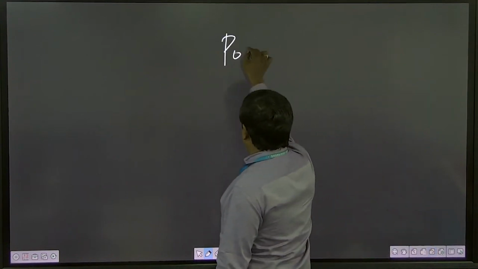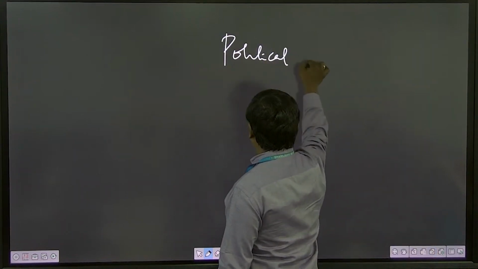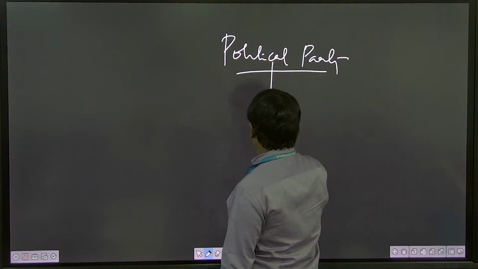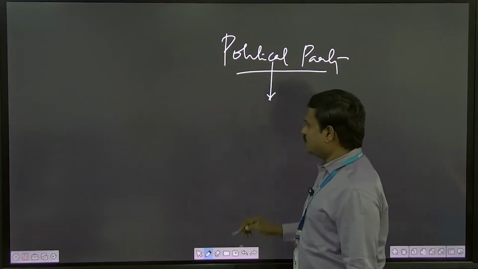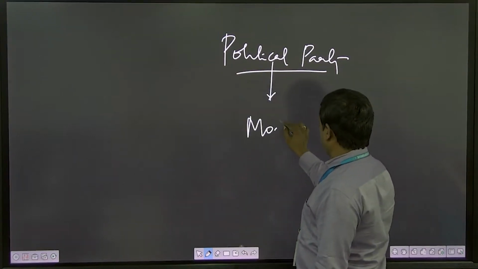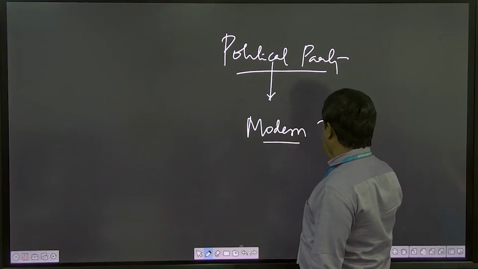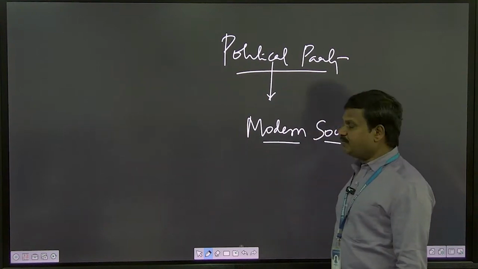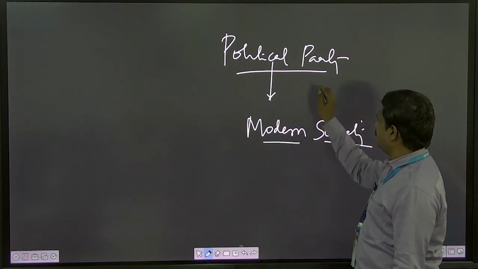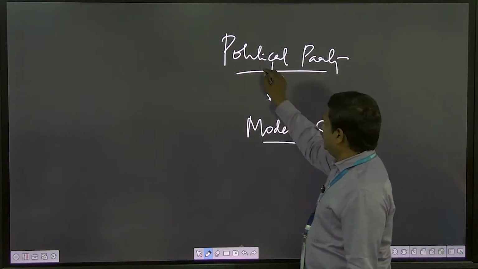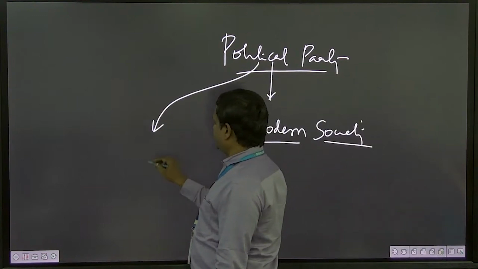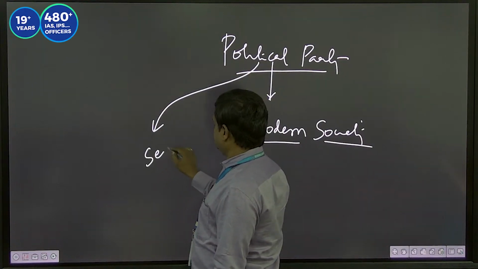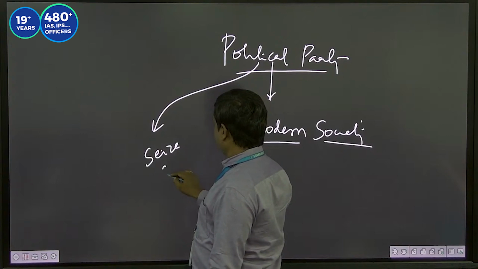Now, political party. Political party is present only in modern society. In traditional society, a king will be there. There is nothing called a party. But in modern society, you have political parties. Only through a political party can you seize the state power.